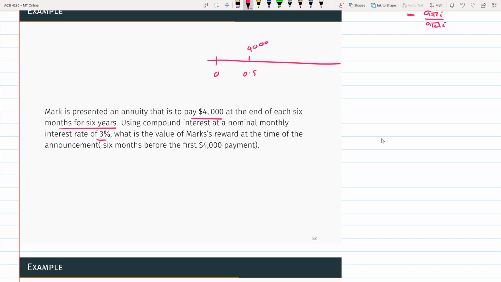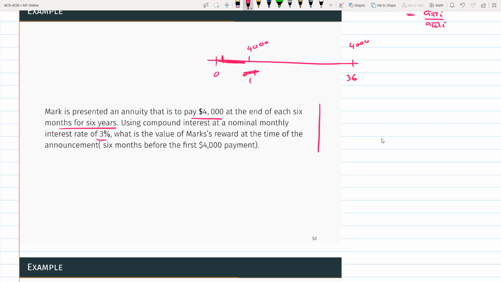For 6 years, how many payments are we going to get? We are going to get 36, no? Then you are going to credit the nominal monthly rate of 3%. So what's the effective rate per month?